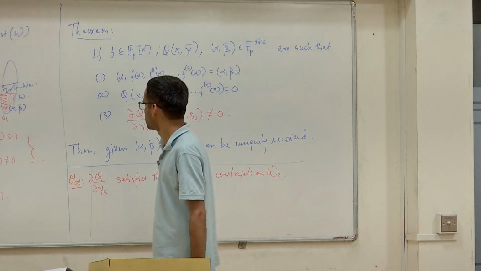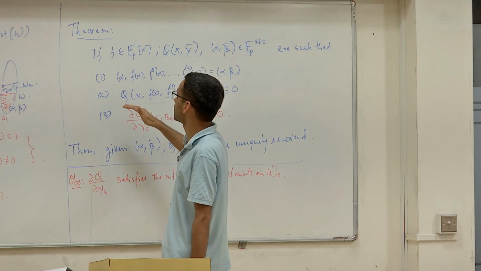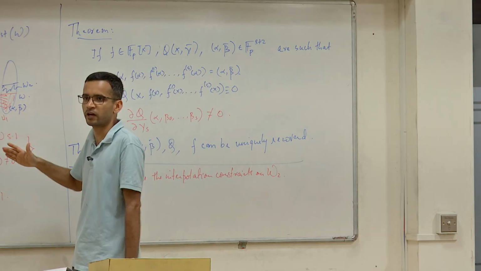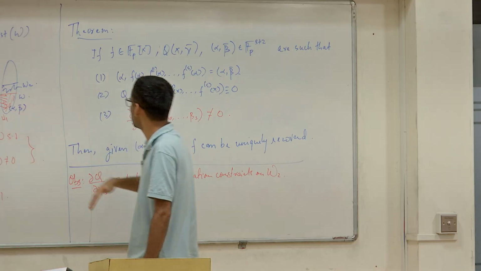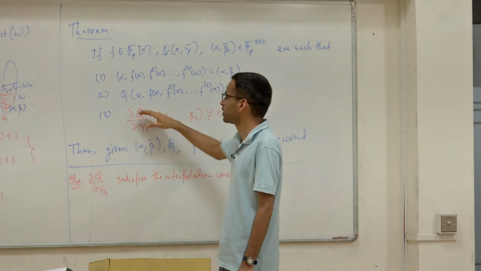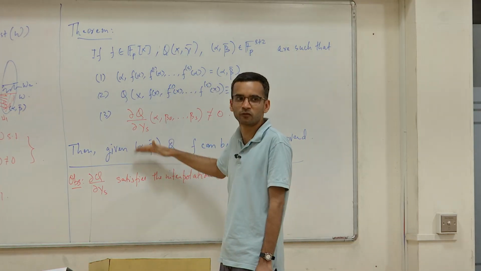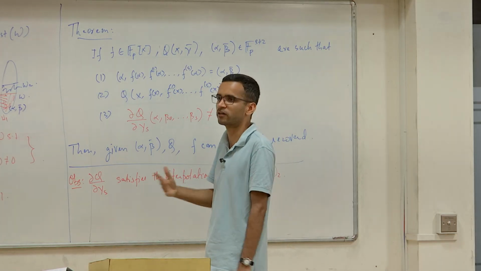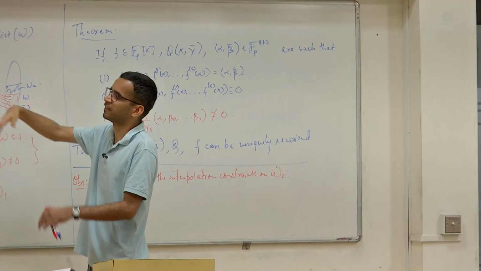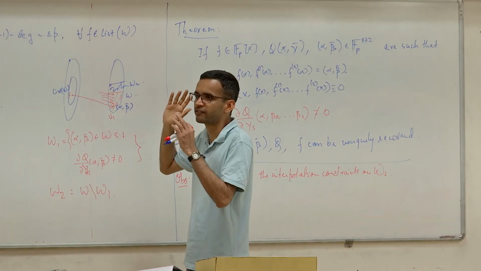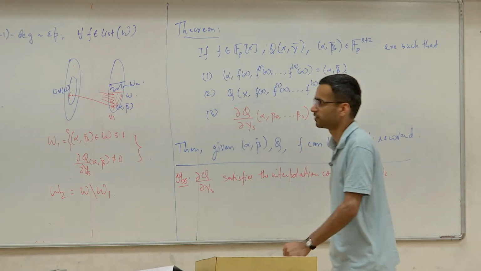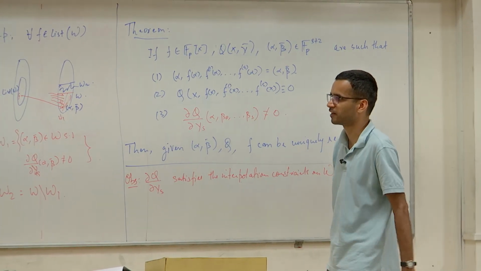If Q was the lowest degree polynomial that satisfies the interpolation constraints, then the set W1 better be non-empty, because if W1 was empty, then this polynomial, whose degree is strictly smaller than the degree of Q, is also satisfying the interpolation constraints. So it contradicts minimality. So in the interpolation step, we should have said, let's pick the minimal Q and work with that. Okay, so we are anyway doing this proof upside down.